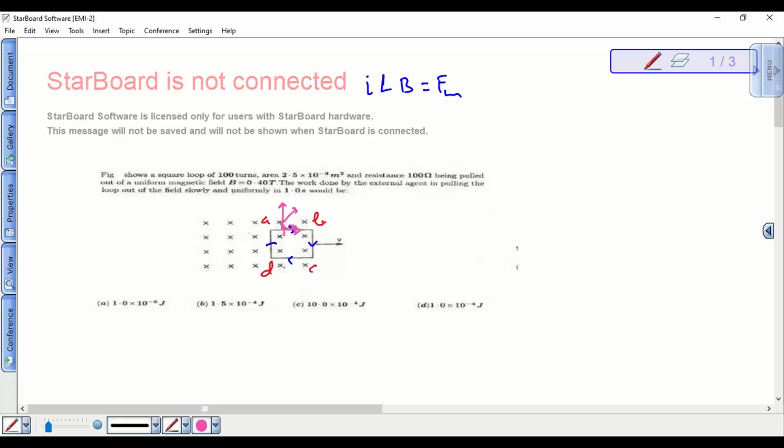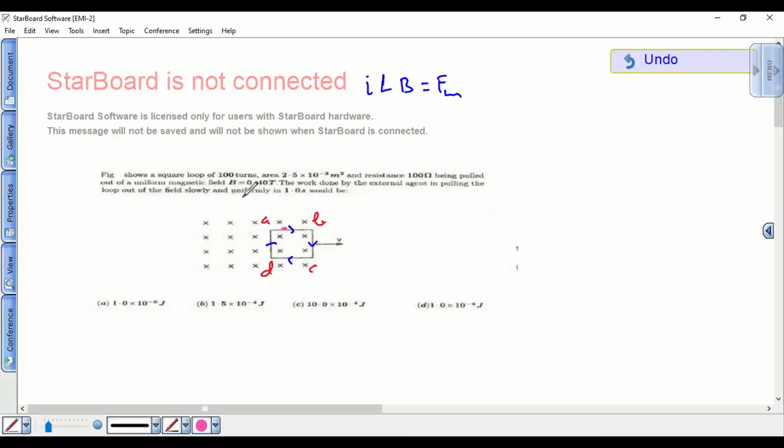And if you consider a small section of CD in which current flows in the opposite direction to AB, and again the magnetic field goes inward, IL cross B points in this direction. So these two forces just cancel out, being equal in magnitude and opposite in direction. On BC, no force acts. So the force on the loop ABCD is simply the magnetic force acting on the arm AD of the loop.